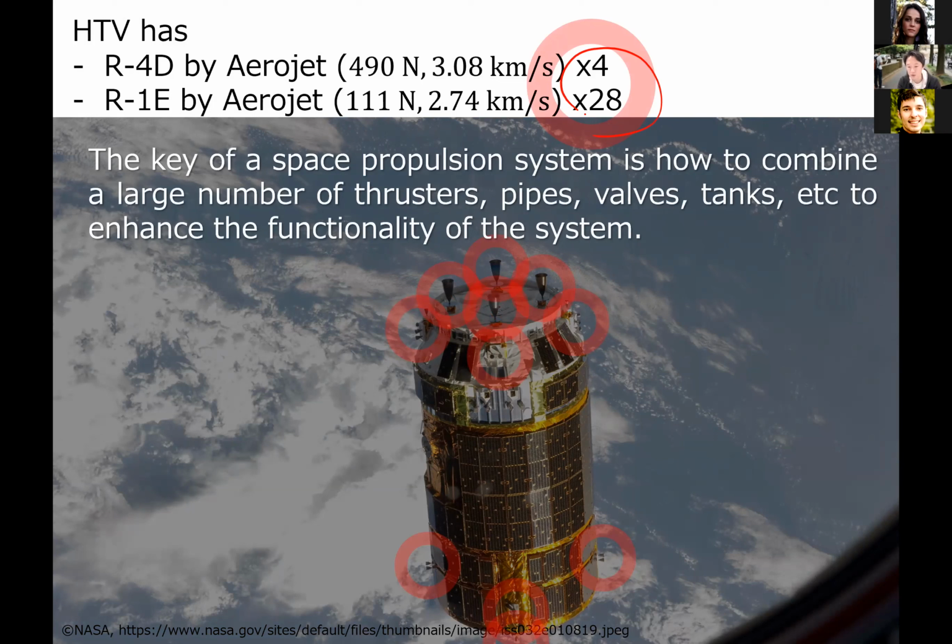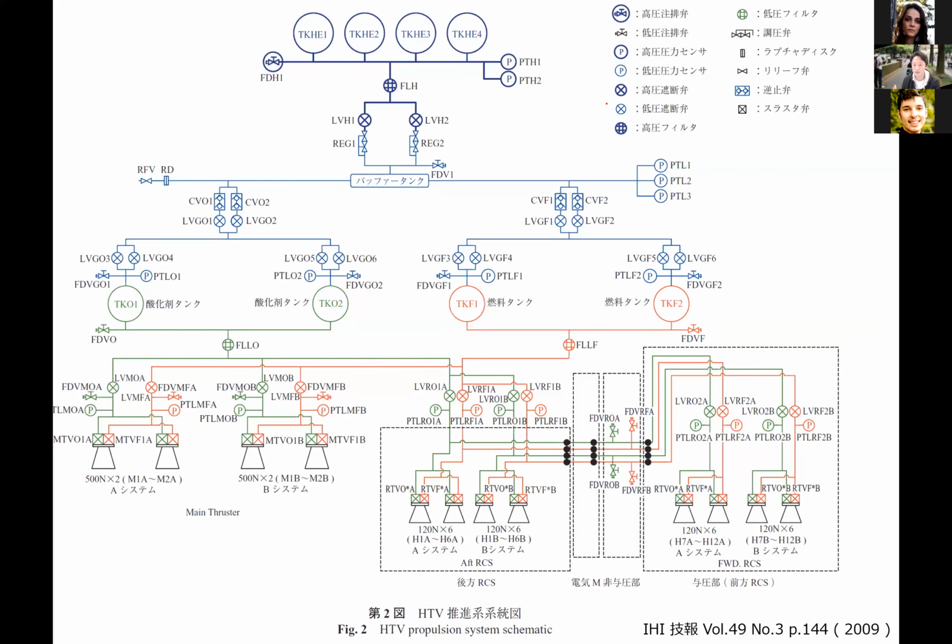In total, it has 28 thrusters for one satellite, one module. A lot of thrusters. And associated with these thrusters, we need valves, pipes, and tanks, and we need a lot of things. Actually, let's see the inside. So this is a diagram of the system.